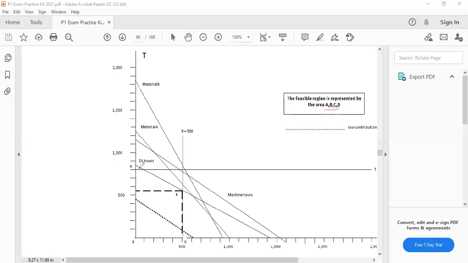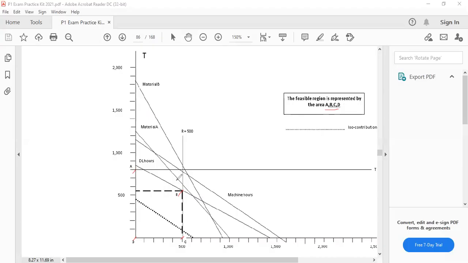A is here, B here, C somewhere here, then D is here. This region has the shaded portion of all the 4 constraints.